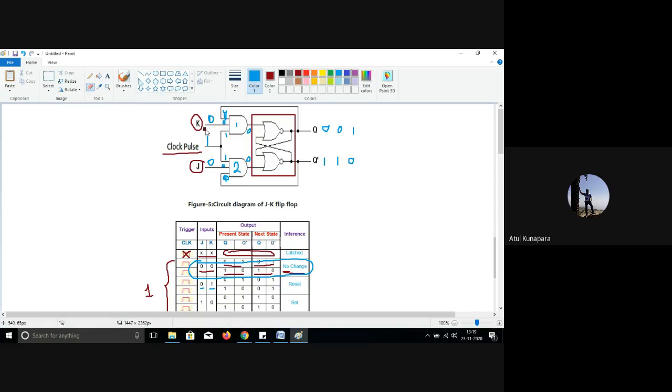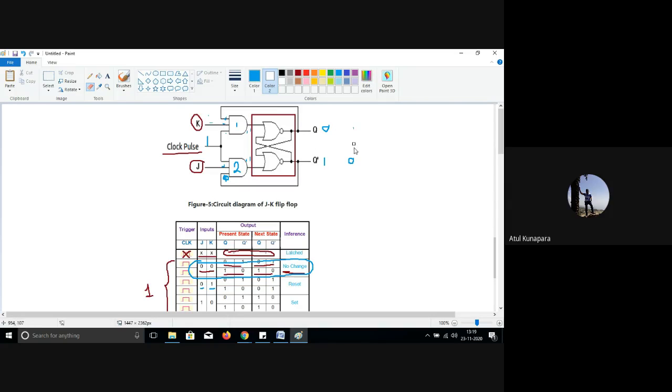change your output state, like you can see here. Okay, let me change the input and output conditions so I can show you what happens inside. I'm setting the J and K inputs, and according to that, I want to see what the change at the output side is.